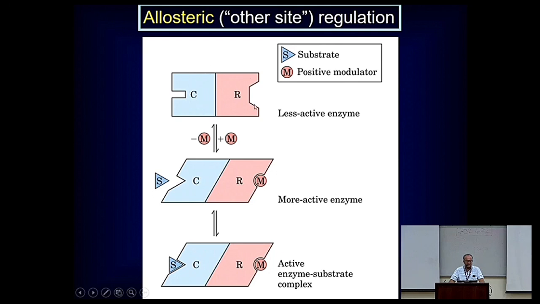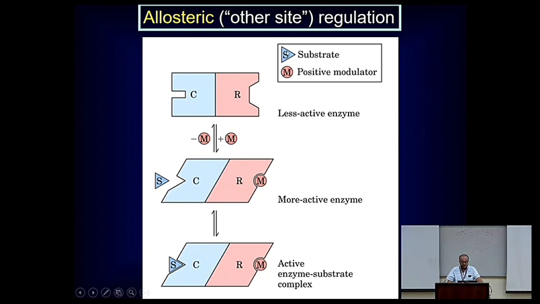Here's another polypeptide. The functional enzyme is both together. So this enzyme is made of two subunits. Now only C, the catalytic subunit, is involved in the catalysis of that reaction. R, the regulatory subunit, can regulate the activity of C.